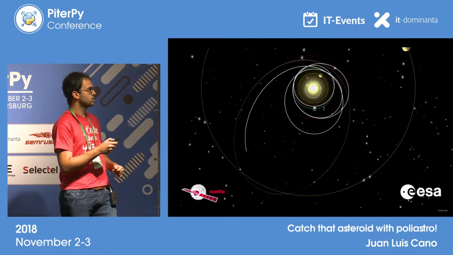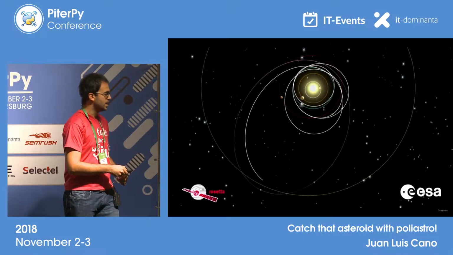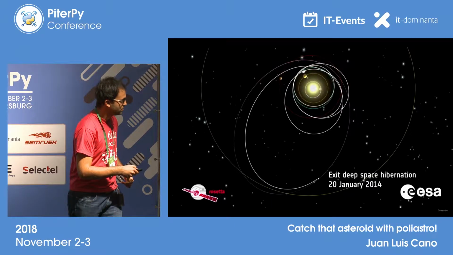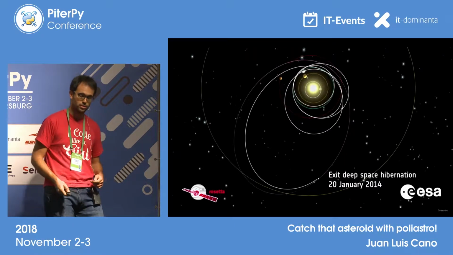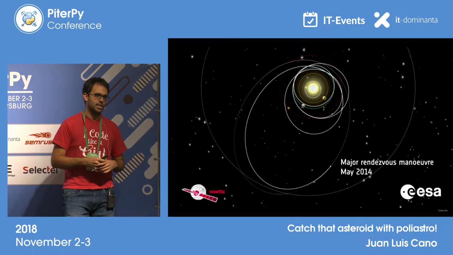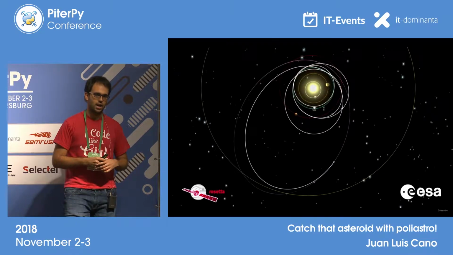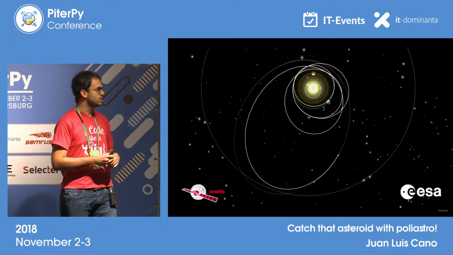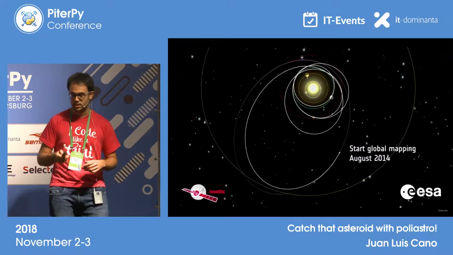So remember that we launched in 2004, and now in 2014, we're starting to approach the comet and reach exactly that point. So it's a mission that lasts for 10 years, and it's so complicated, but at the same time, I find it very beautiful.